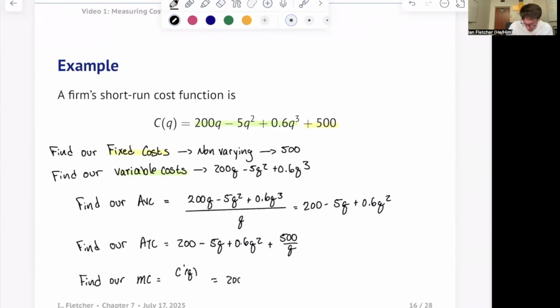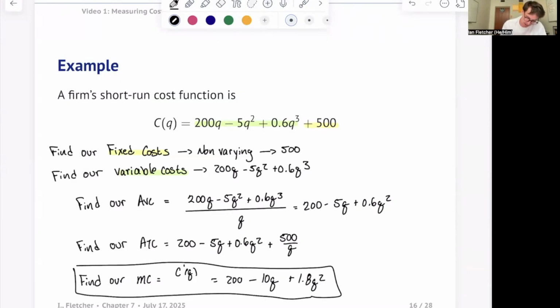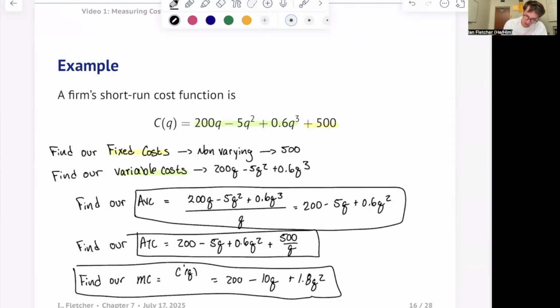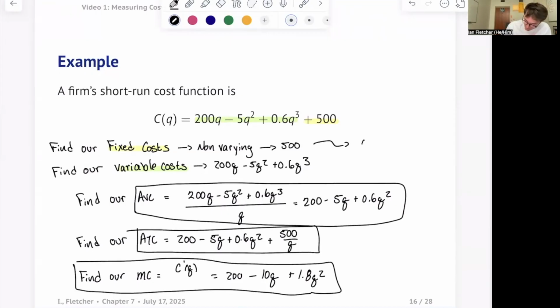We get 200 minus 10q plus 1.8q squared, and our fixed costs drop out. So this is our marginal costs. This would be our total costs. This would be our variable costs. If we wanted to find average fixed costs, we could do 500 over q.